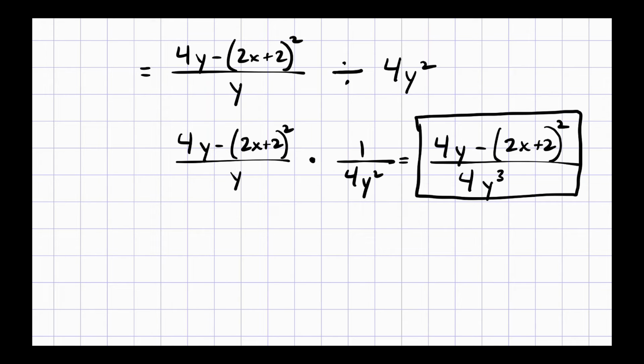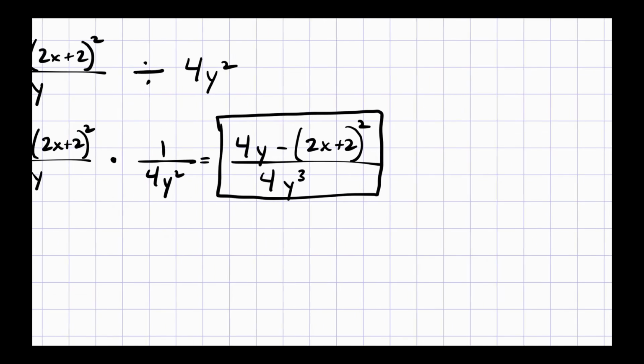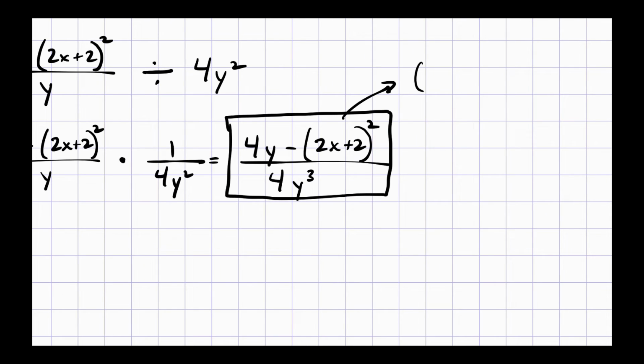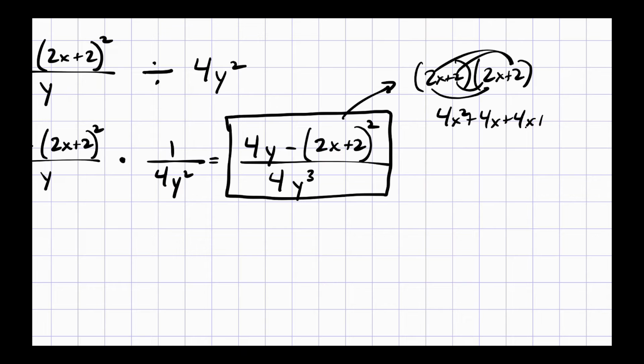I would have to multiply it out. I would have to take 2x plus 2, 2x plus 2. So it would be 4x squared plus 4x plus 4x plus 4. So it would be 4x squared plus 8x plus 4.